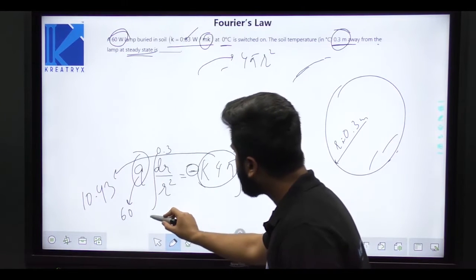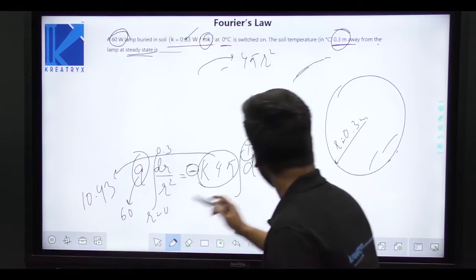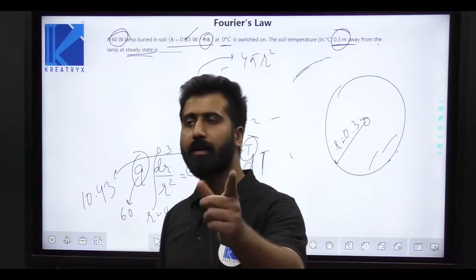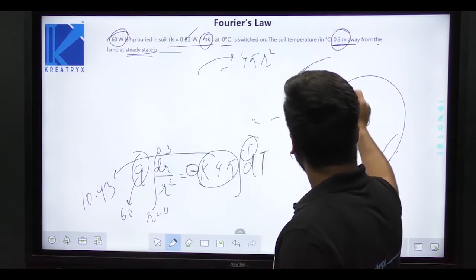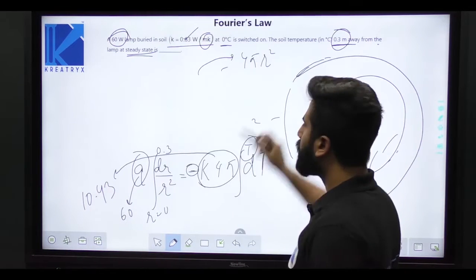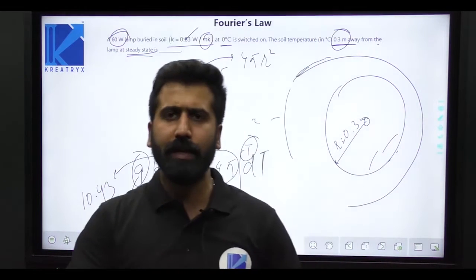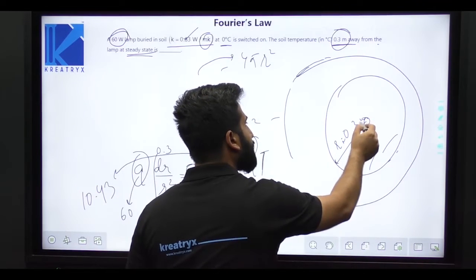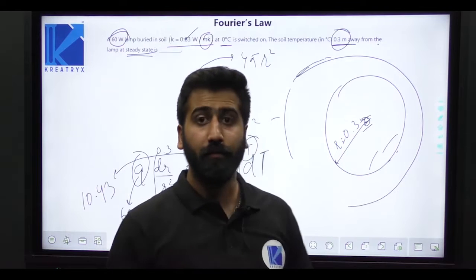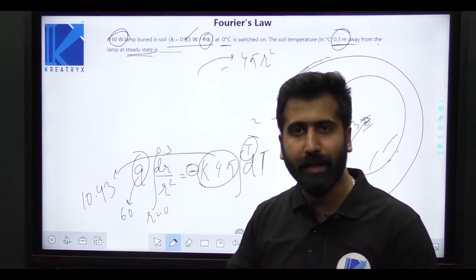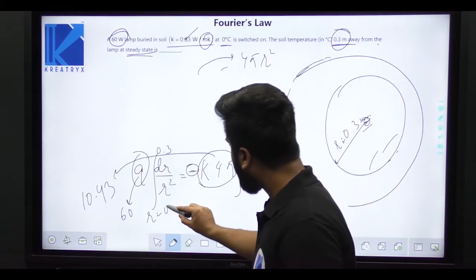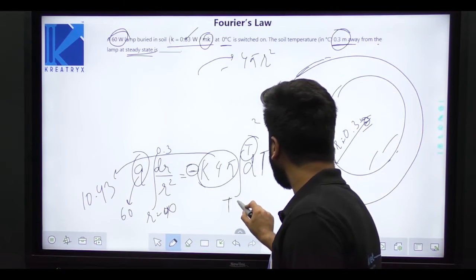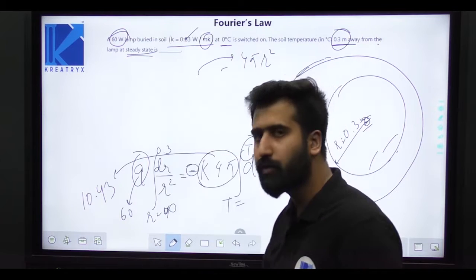But at R is equal to 0, do you know the temperature? No, you do not know the temperature. But here is the trick. At R is equal to infinity, which means a very large distance from the center of the lamp where its heat cannot reach, can I say that the temperature here will be 0 degrees Celsius only?